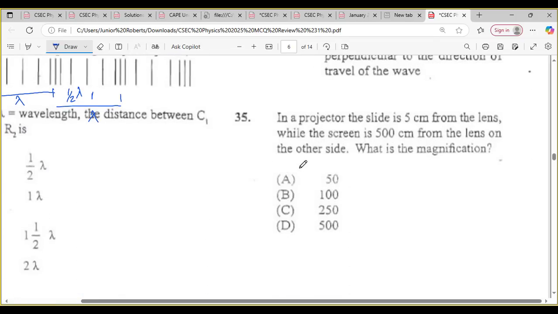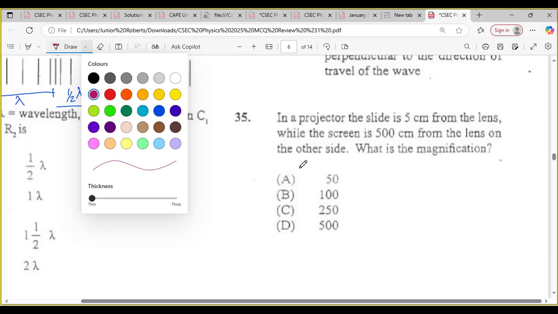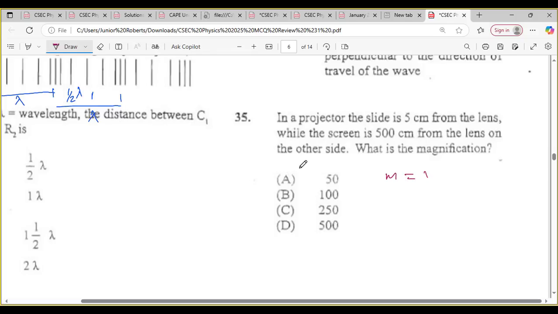35 now says, in a projector, the slide is 5 centimeters from the lens, while the screen is 500 centimeters from the lens on the other side. What is the magnification? All right, so magnification, let's work that out, is equal to the image distance divided by the object distance. Now in this case, we're told that the slide is 5 centimeters from the lens, so that represents our object distance, which is U, right?